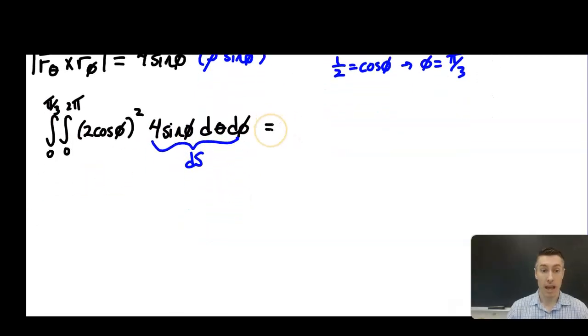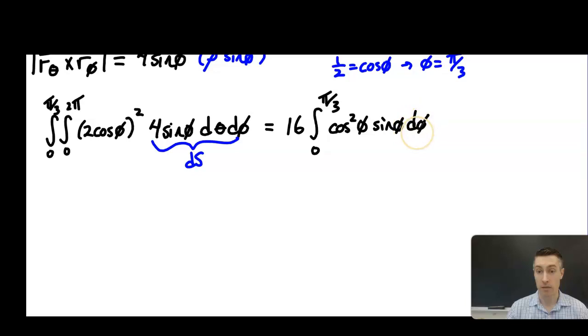So here we can separate, so 4 times 4, we could pull a 16 out, and then the integral from 0 to pi over 3 of cosine squared phi sine phi d phi times the integral from 0 to 2 pi of 1 d theta. So this one we will actually integrate out.